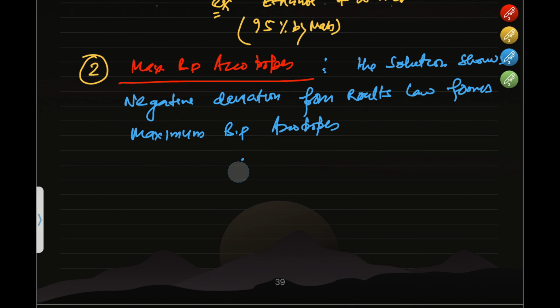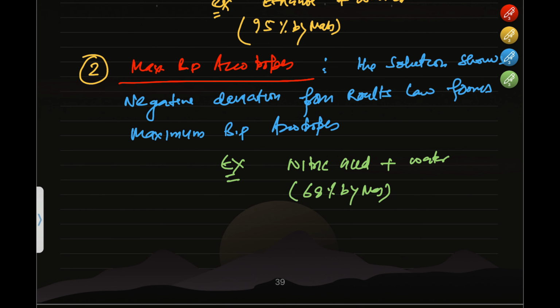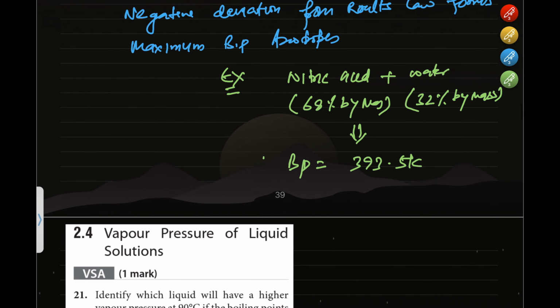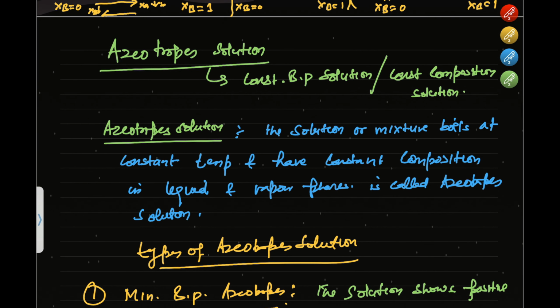A very important example for the maximum boiling azeotropes is nitric acid in water. Nitric acid is 68% by mass and 32% by mass is water. The boiling point of this solution is 393.5 K. This is the maximum boiling azeotrope.